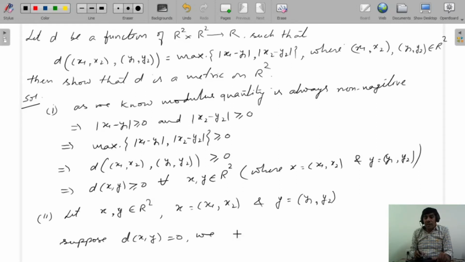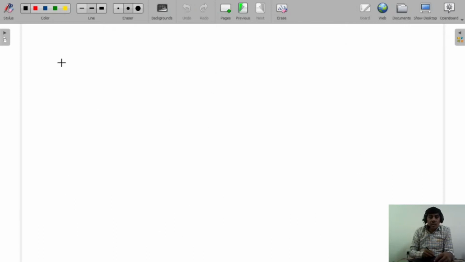We have to prove that x is equal to y. As D(x, y) is equal to 0, this implies the maximum of modulus of x1 minus y1, modulus of x2 minus y2 is equal to 0.